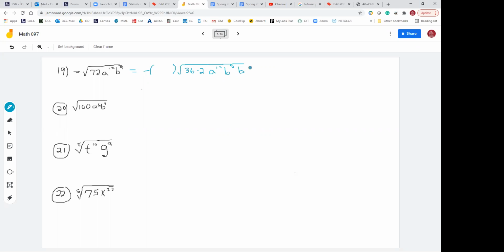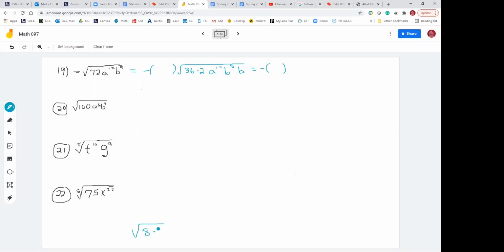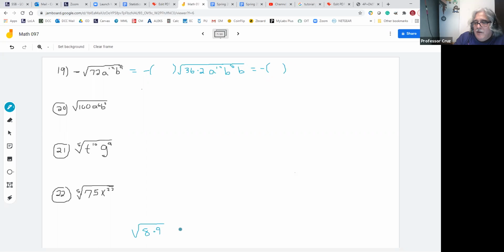Can I ask something real quick while we're on that step? Mm-hmm. Because I came up with 9 times 8, equals 72. But if the 8 is not a prime, does that mean it would have to be broken down? Well, look, 9 times 8 and 3 times 3 equals 9. So that would be 3 square roots of 8, right?